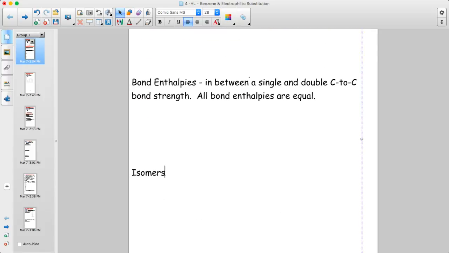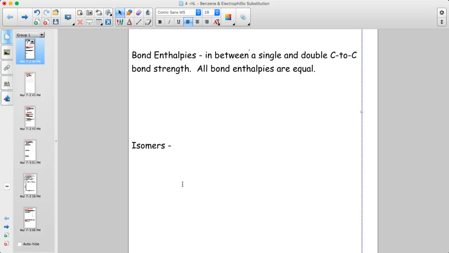And the last bit is the isomers of benzene. When you have a 1,2 benzene structure, like 1,2 dichlorobenzene, there aren't 2 different 1,2 dichlorobenzenes.